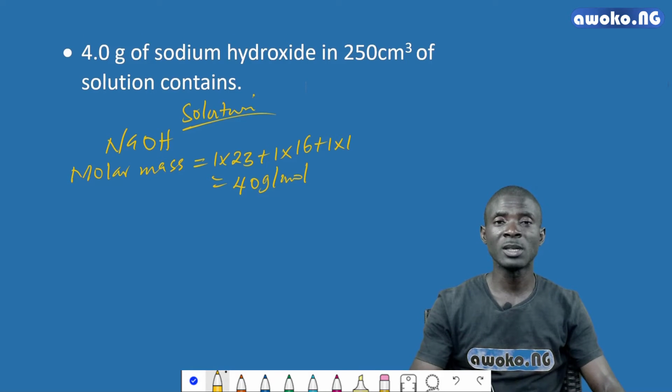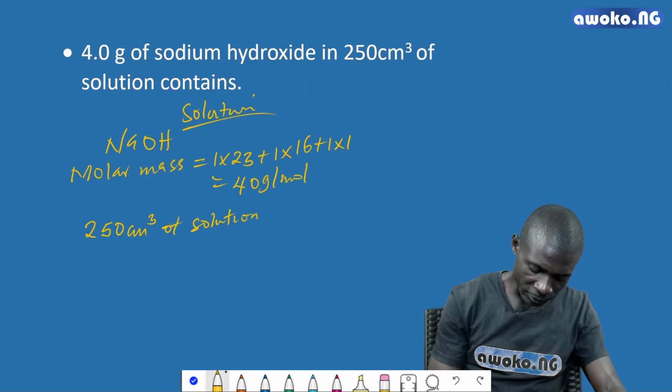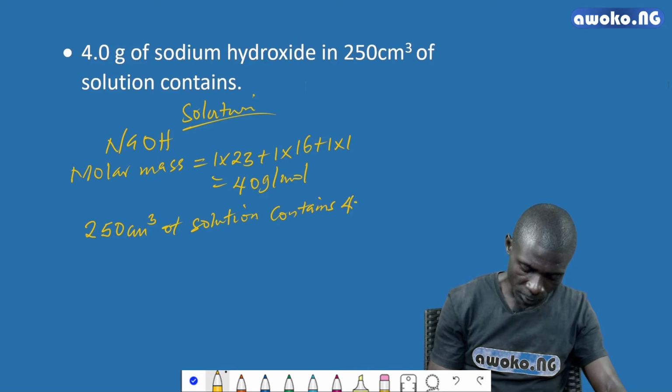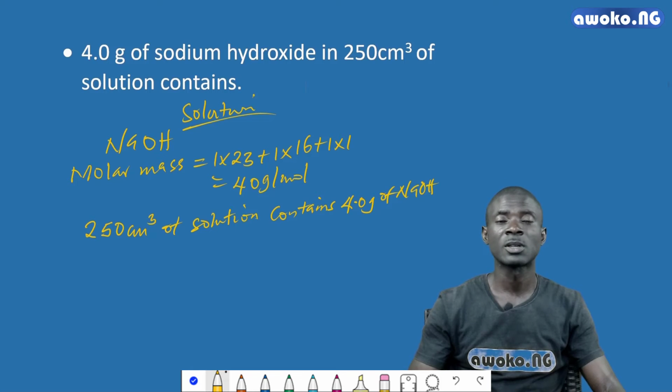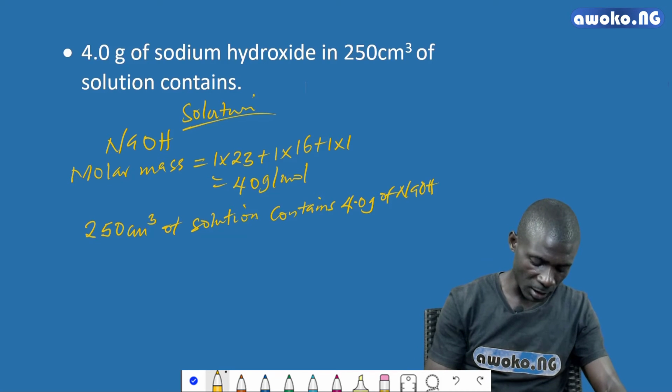Next thing we are going to do is to equate the mass of 4 grams to 250 cm³. Now we also look for the mass that will be dissolved in 1000 cm³ to obtain our standard solution. So 250 cm³ of solution contains 4.0 grams of sodium hydroxide.